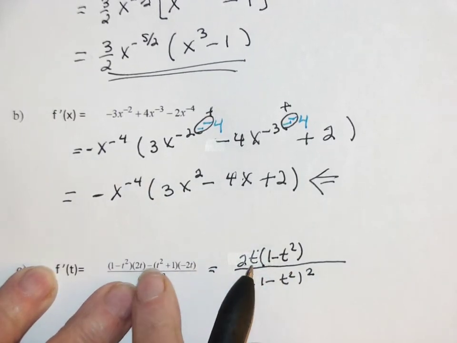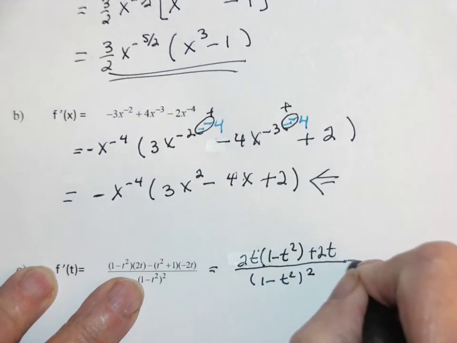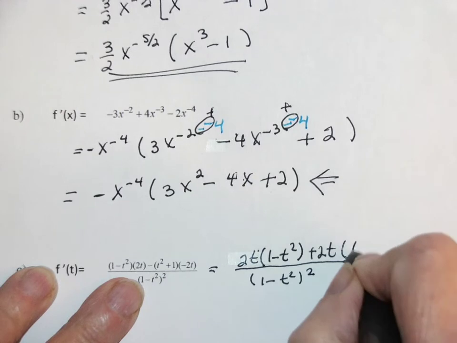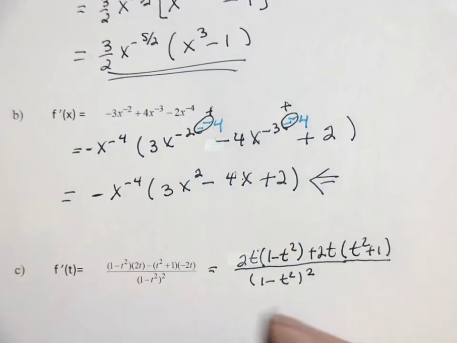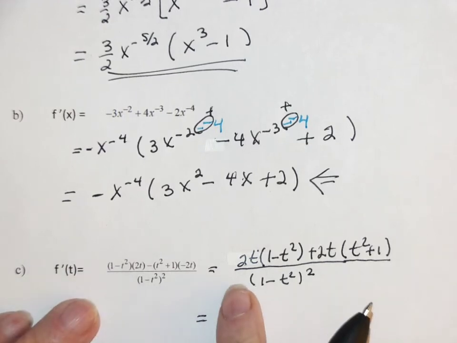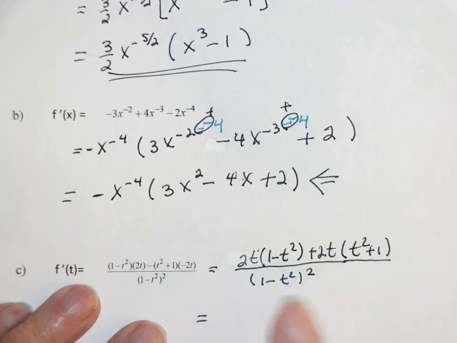I have a minus and a minus. That gives me a plus 2t times t squared plus 1. I have a greatest common factor of 2t.